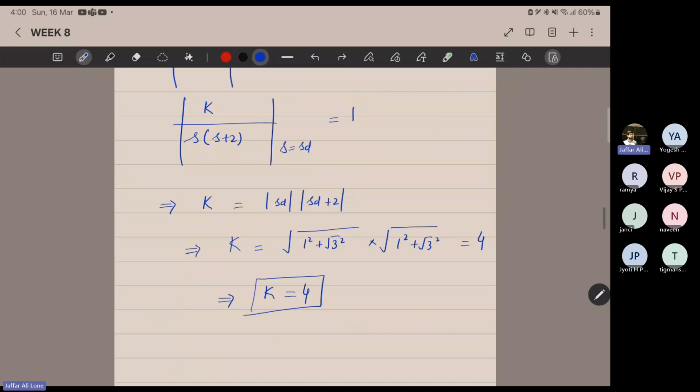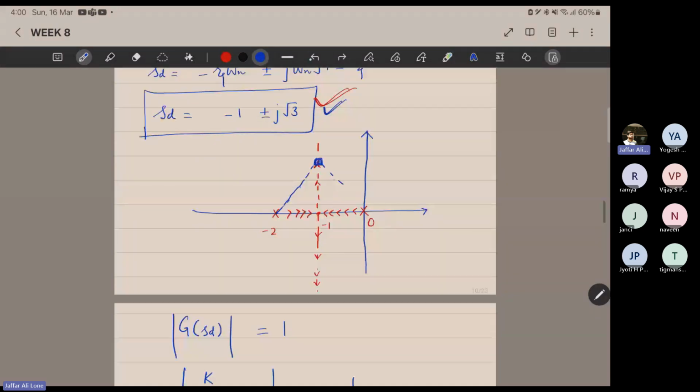Right. So what I was saying, can we get the value of gain K from the root locus? So this distance is 1. This distance is √3. We can easily get this distance. This will be 2.